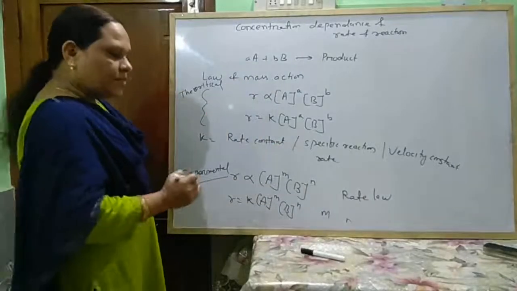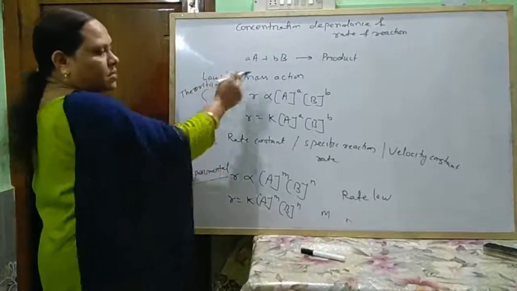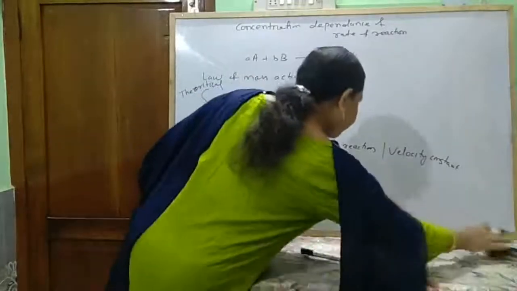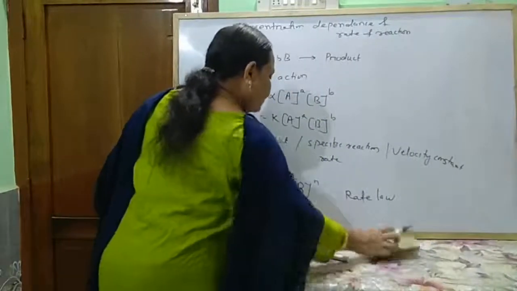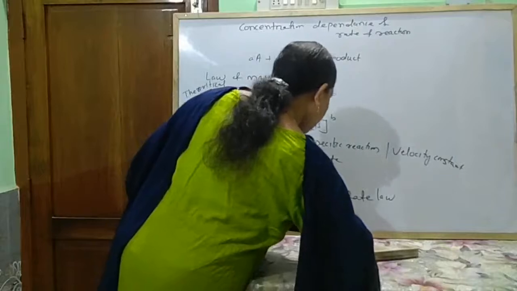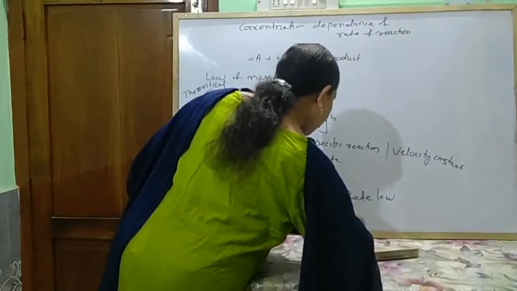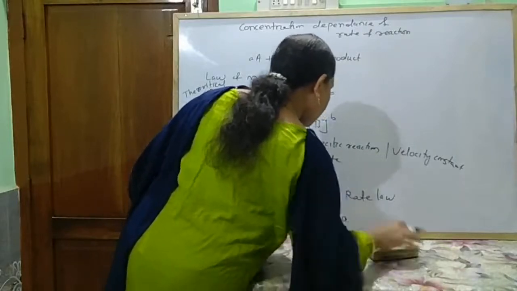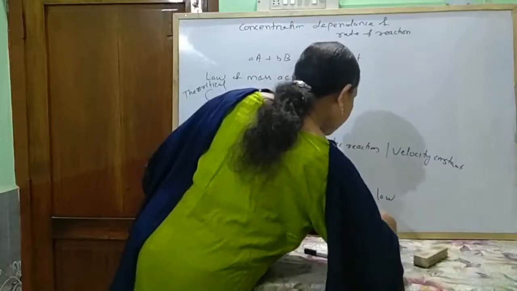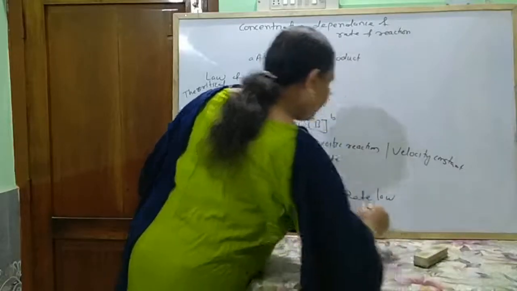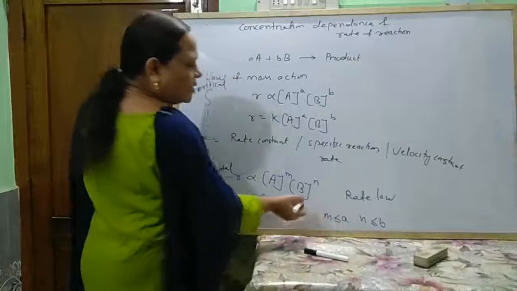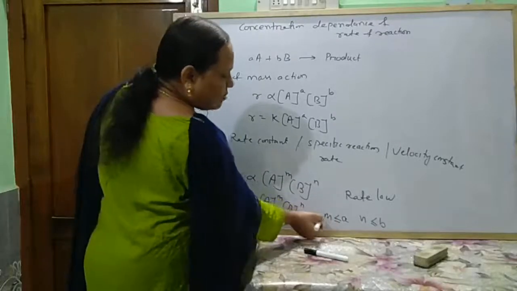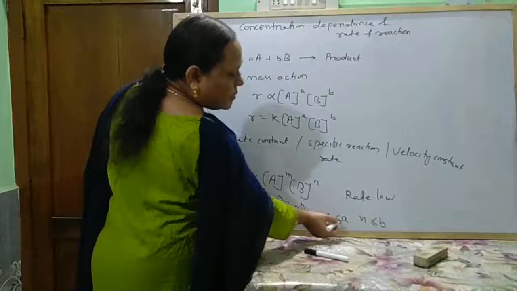Or we can write where m is less than or equal to a and n is less than or equal to b. In some cases m is less than a or it may be equal to a.